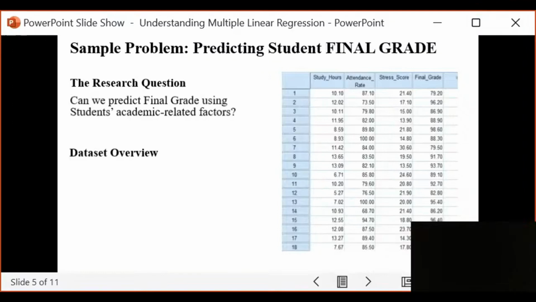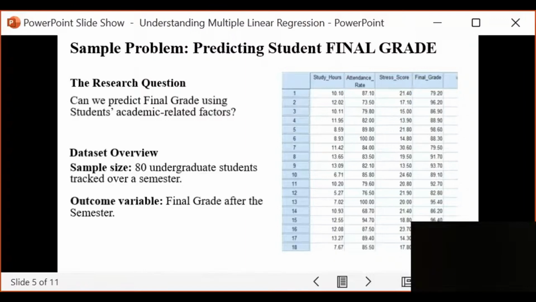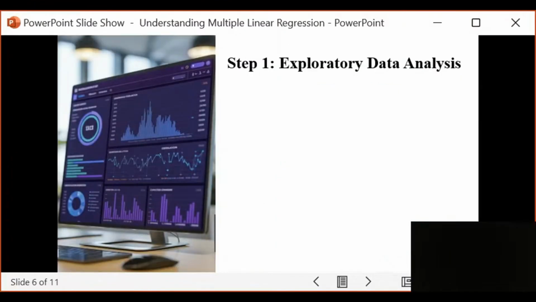The academic related factors are study hours, attendance rate, and stress level. This is among students. We have here a sample of 80. So the outcome variable is the final grade, and the predictors are the stress level, the attendance rate, and study hours.